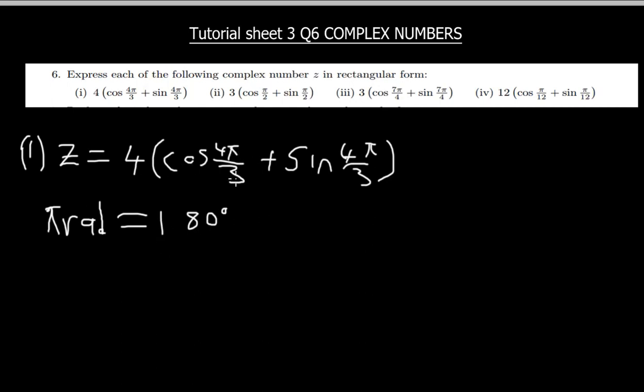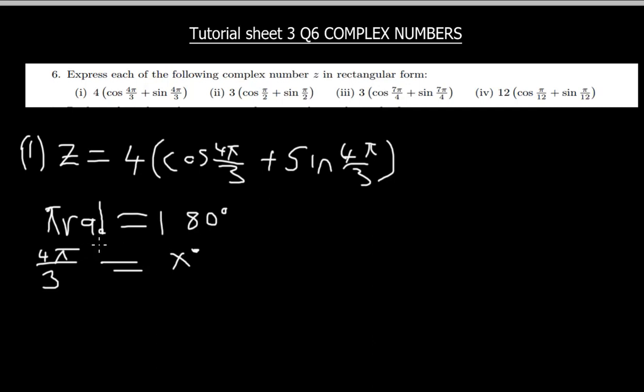So I'll put this 4 pi over 3 where there is pi this side, and this will be equivalent to x in degrees. So what I'll do is I'll cross multiply.